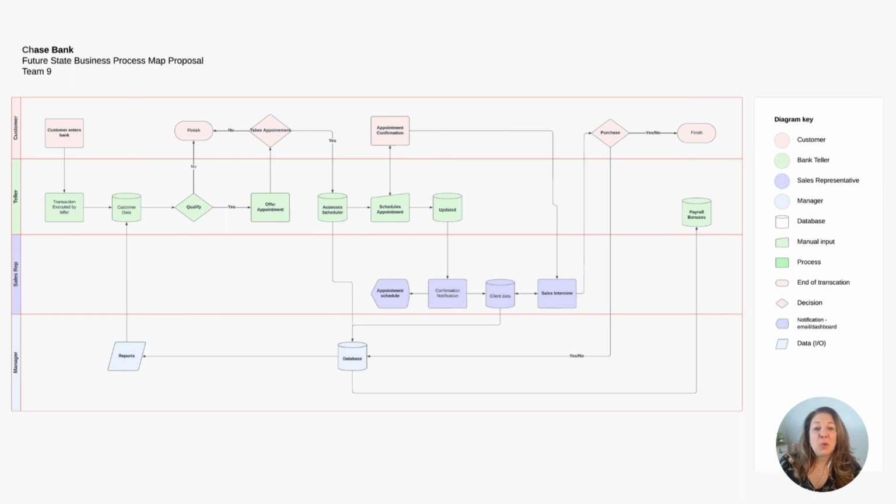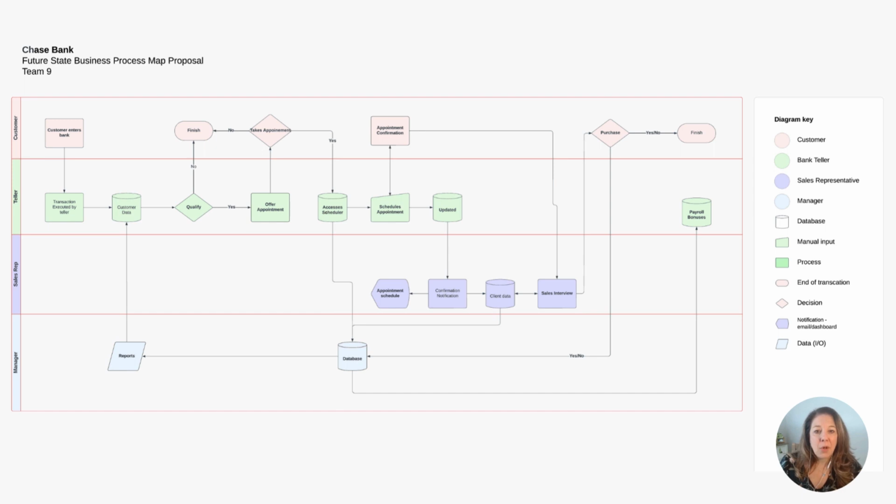So this here is a future state business process map that was created in Lucidchart, and it shows each level for the stakeholders involved in the process. This is the proposed solution for the problem that Chase Bank is having connecting the sales rep and the teller, providing the data that's needed to the sales manager or the customer support manager, and also how the customer fits into the process.